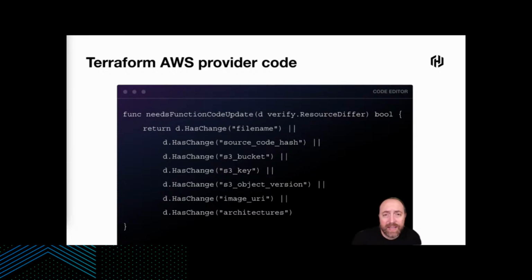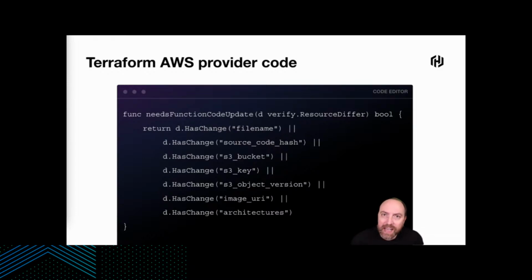If the file name I'm shipping is changed, I didn't change that. Mine was lambda.zip. Has the source code hash changed? Turns out that's not something computed automatically. You just have to supply that if you want it to be set on the function. So I didn't supply it, and it doesn't seem to be calculated, so it's probably not changed.